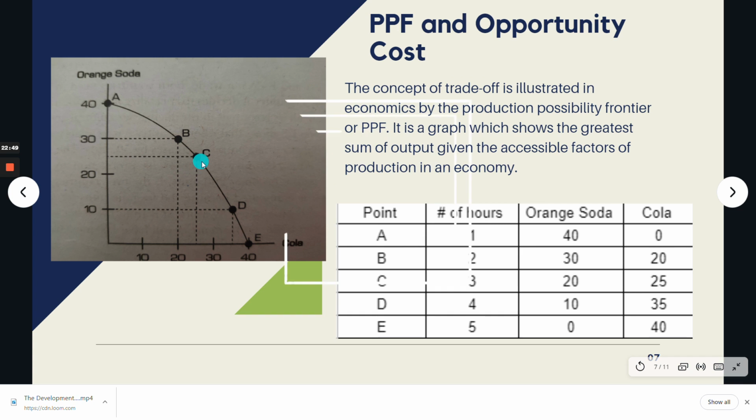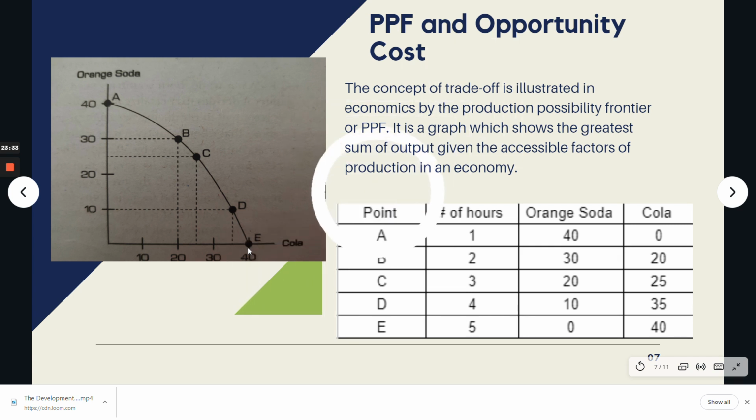Sa point C, you are producing 25 and you have 25 nga soda, 25 pod nga cola. Sa point D, sorry, 20 nga point C. Wait. Point C, you have 20 nga orange soda and 25 nga cola. Sa point D, you have 10 nga orange soda and then 35 nga cola. Sa point E, you have zero na ang imong soda and then you have 40 cola.